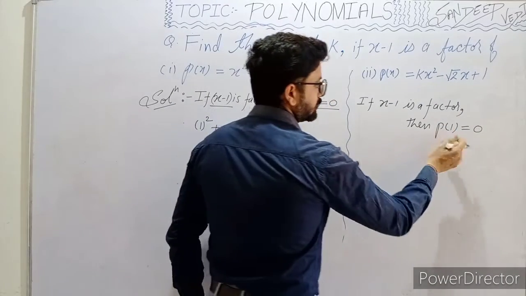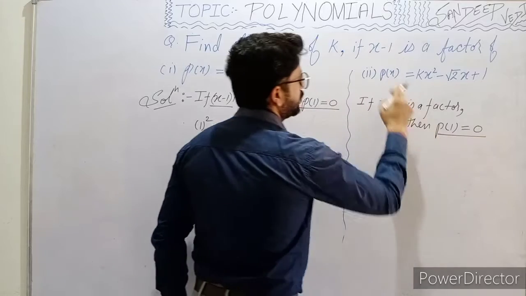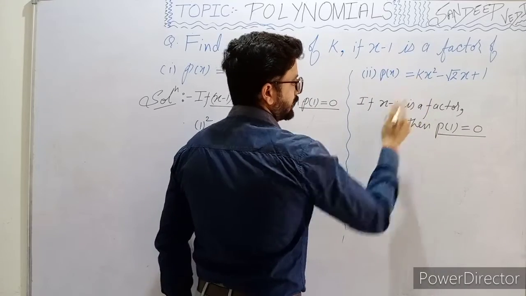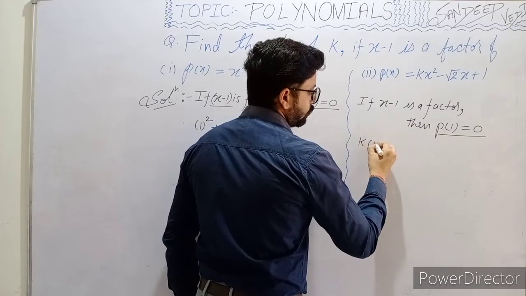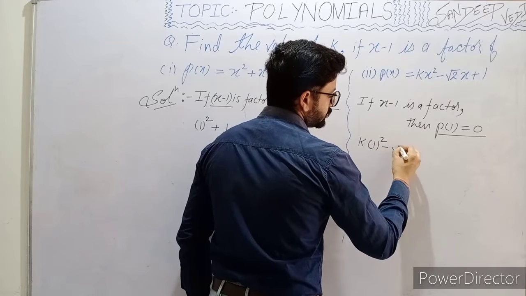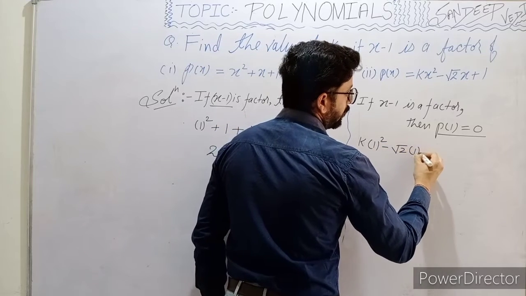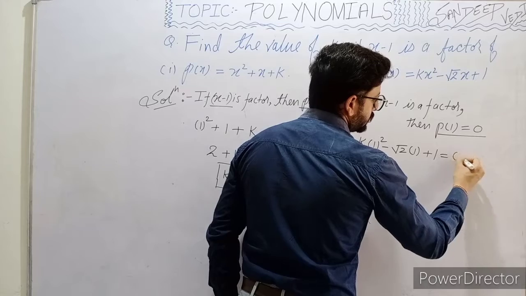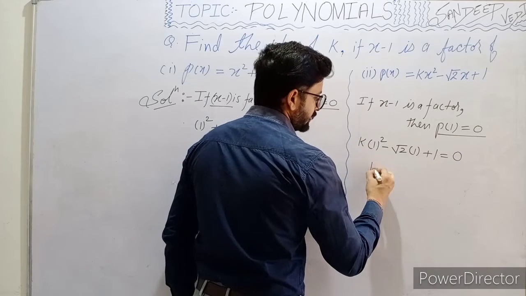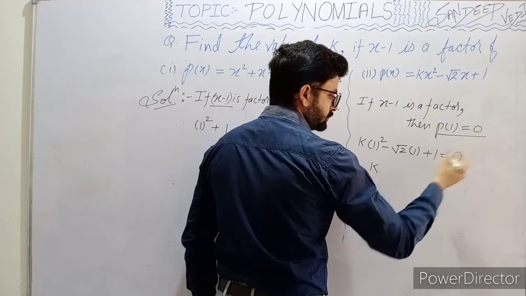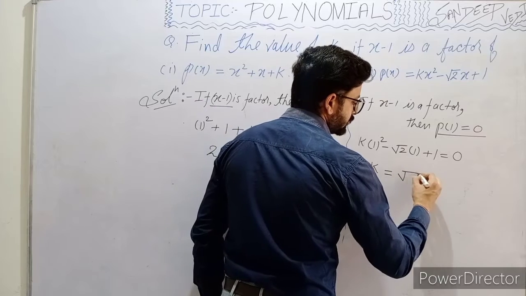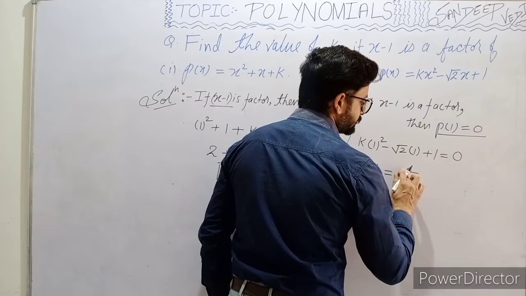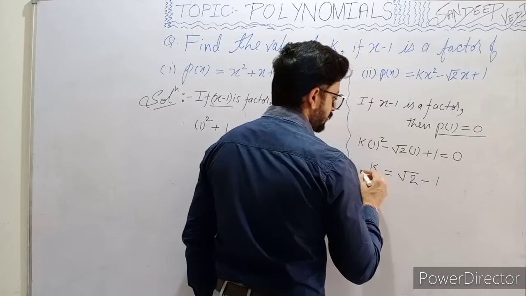Now the same thing, I am using this complete statement p(1). At the place of x, I am giving k: k square minus root 2 multiplied by 1 plus 1 is equal to 0. So k, it is k only. Now minus root 2 I am transferring, that side it is plus root 2, and this 1 also I am transferring, it is minus 1.